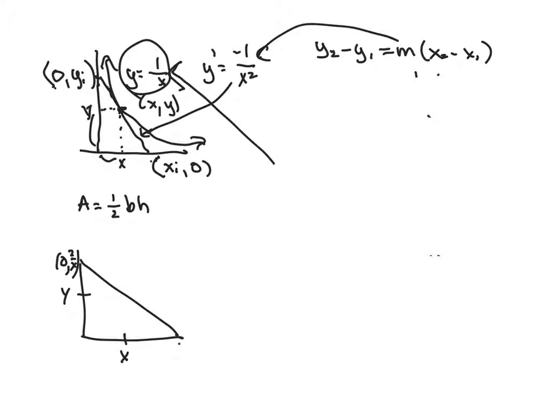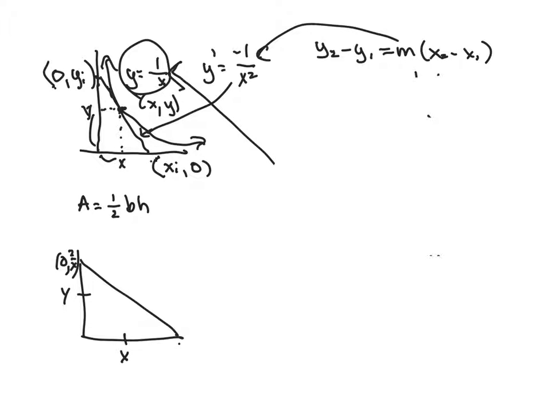Okay, and now I'm going to do the same thing again, only this time I'm going to solve for the x-intercept. So this time I'm going to use this point here and this point here, so both intercepts, and I'm going to try to get some more information about the x-intercept.